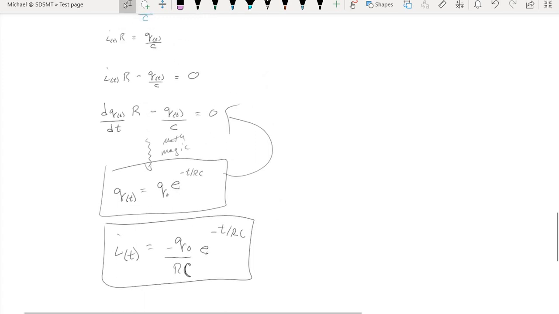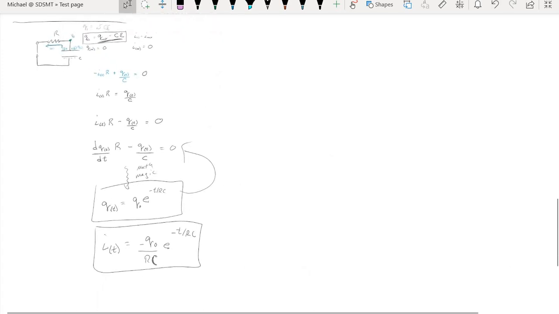All right. So let's finish off by discussing those extremes. We said that there should be a maximum charge value of CE when time equals 0. Okay, well, if we let time equal 0, e to the 0 is 1, and so we're just left with Q naught.